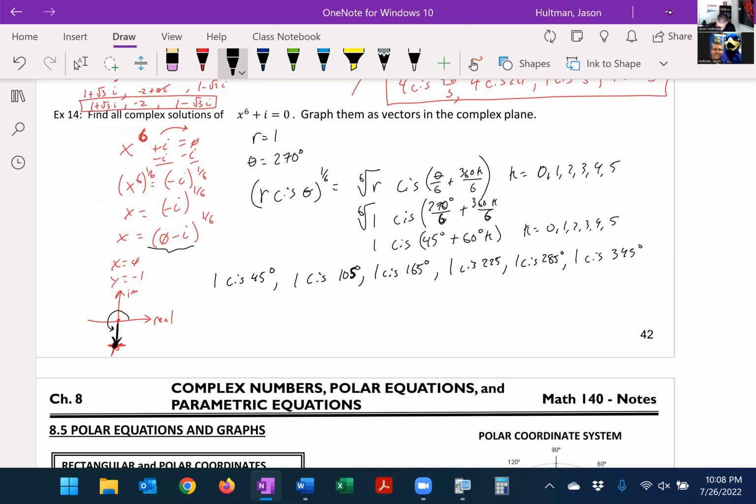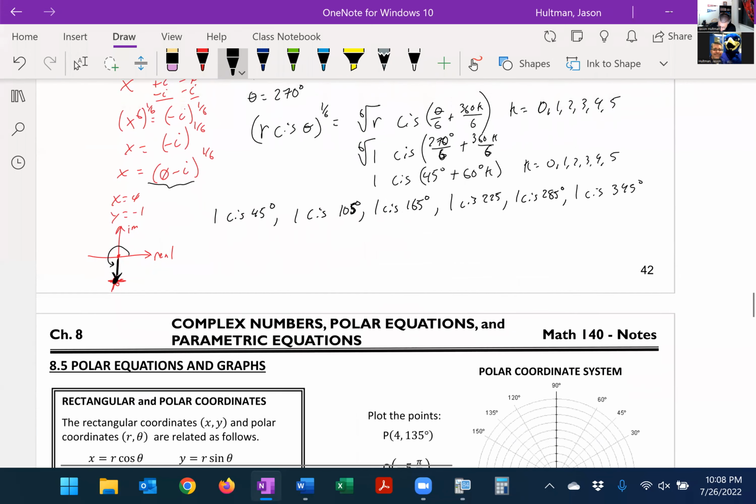Okay, it's asked me to graph them as vectors on the complex plane. So the idea here is that, again, if we're in real and imaginary space, our radius is always going to be 1.